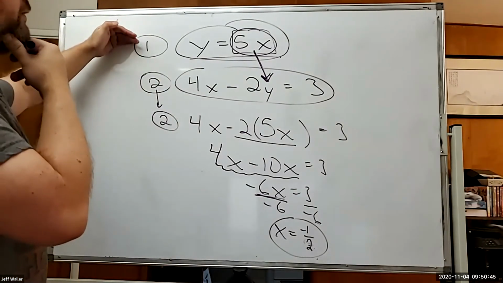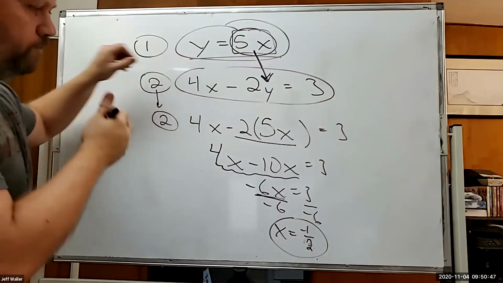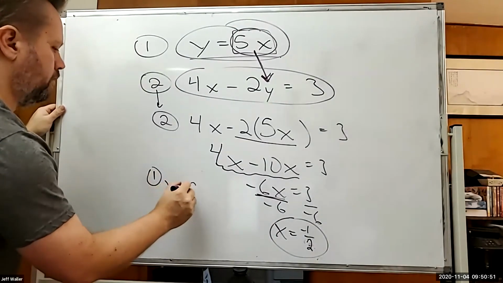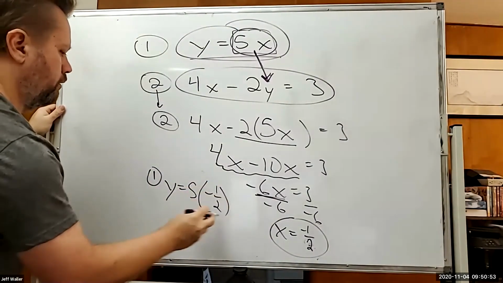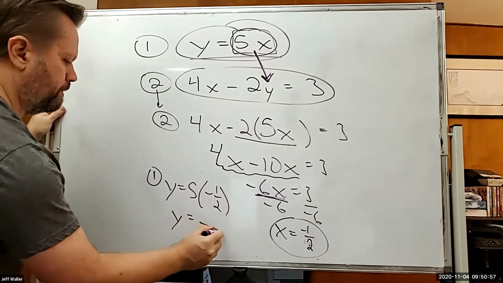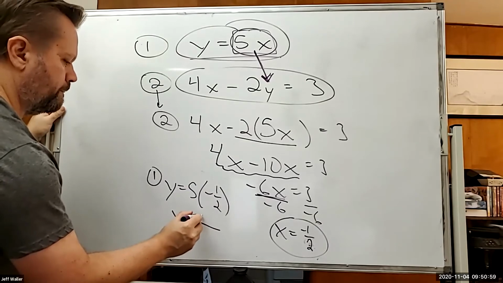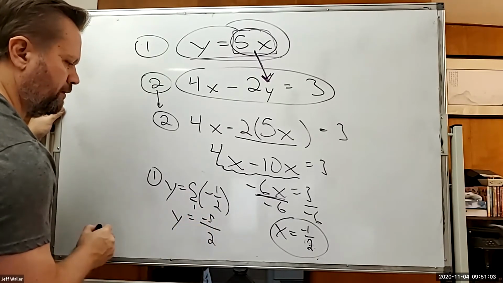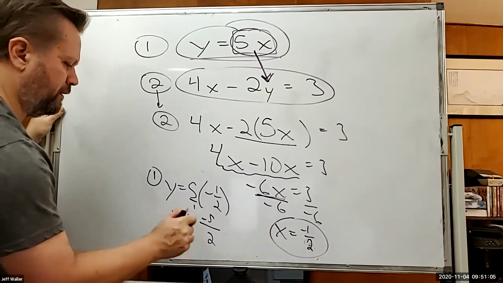Yes, because it's already solved for y, right? If I plug this information into here, what's 5 times negative 1/2? Negative 5.